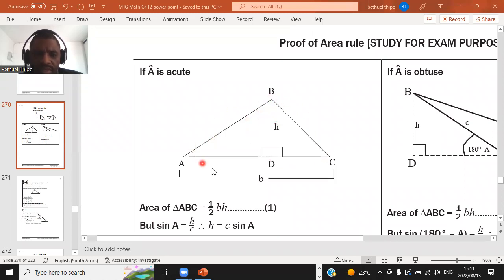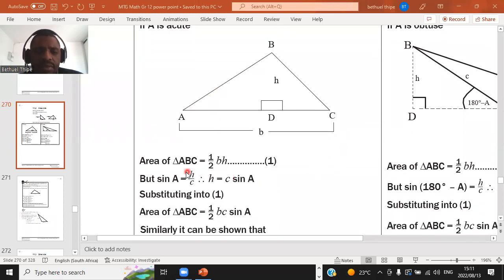So look at this shape here. Let's analyze it very carefully. This is a triangle, and the name of this triangle is A, B, C. And the distance from A up to C is given by b. Angle A is called an acute angle, as we can see it here.